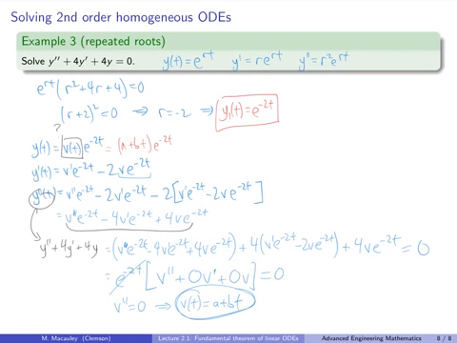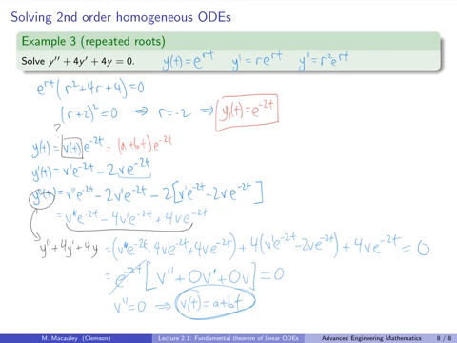Well, we only need one function, right? So let's pick a and b to be as simple as we can. Well, not too simple. If a and b are 0, it doesn't tell us anything useful. And in fact, if b is 0, then we're left with a times e to the minus 2t, which is the same thing as y1.